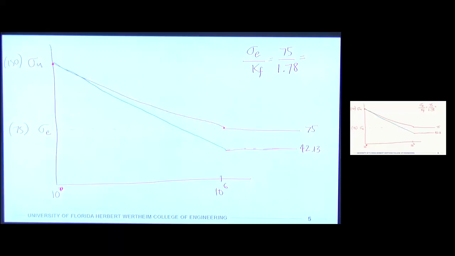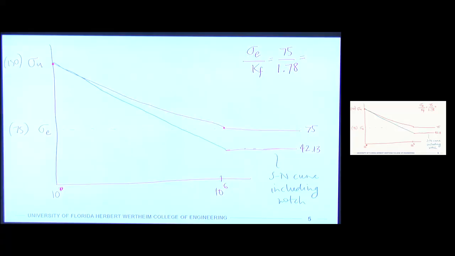And that is basically our SN curve, including the notch. So that's our SN curve, including the notch, and it's our specific notch with our specific geometry and material properties and loading condition.